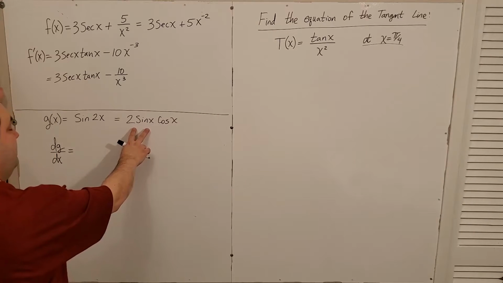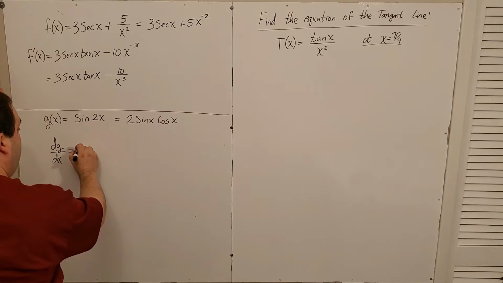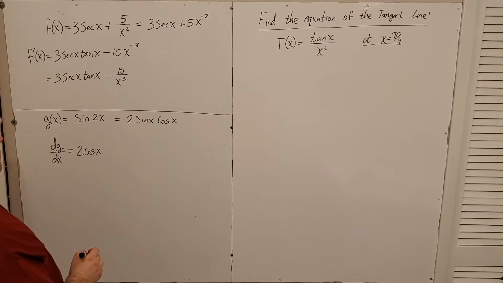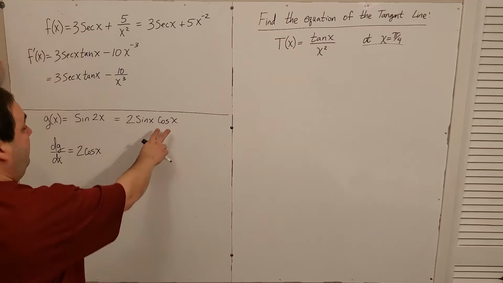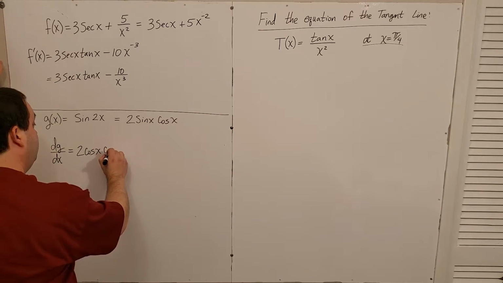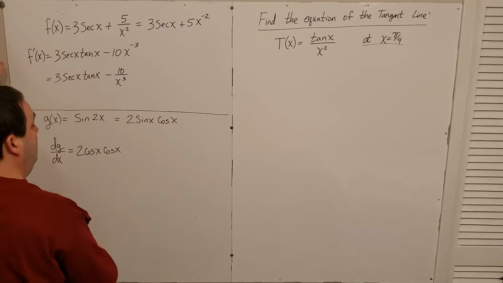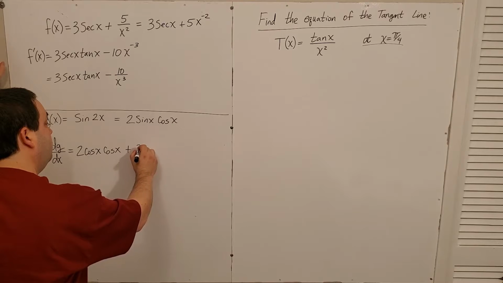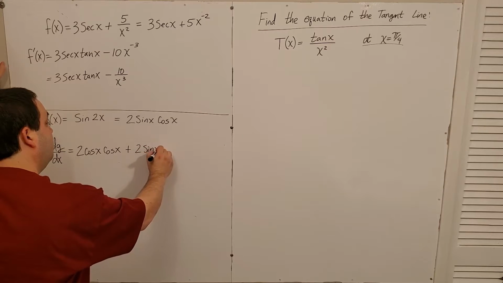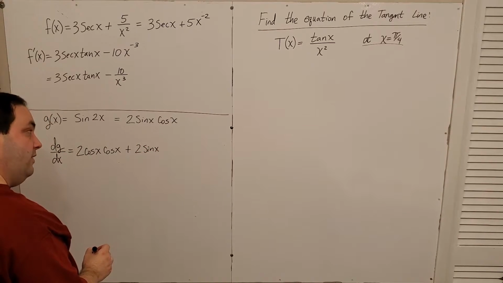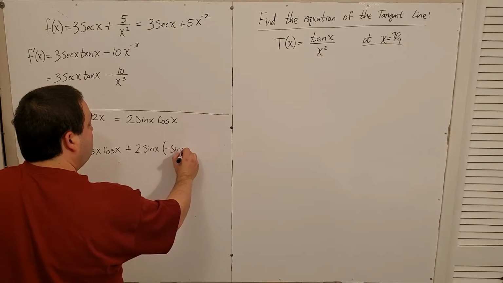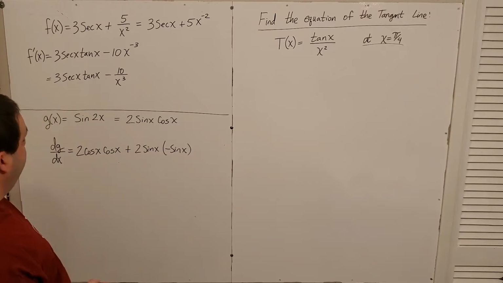So I'll take the derivative of this first guy. That'll give me 2 cosine x, right? All right, and then leave the cosine alone. Plus, leave the first guy alone, 2 sine x, and then derivative of cosine is negative sine x, right?